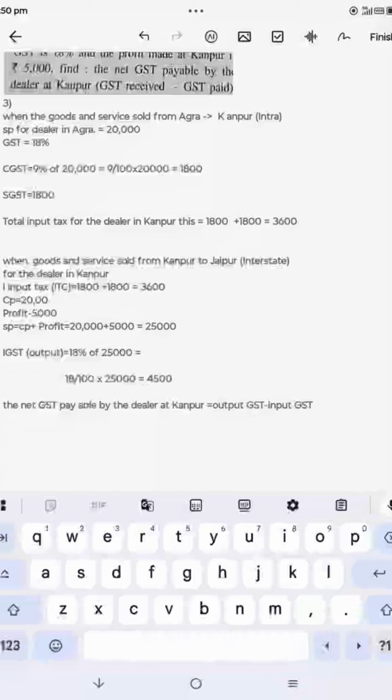This will be equal to how much? The output is 4,500 minus 3,600. That is equal to 900.